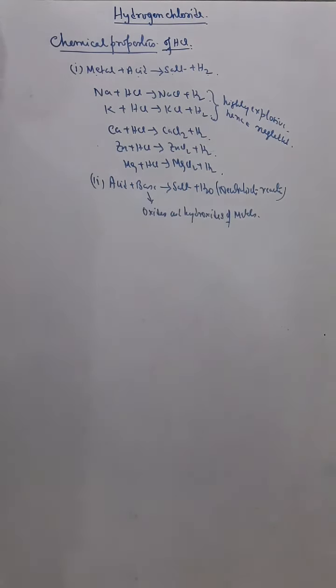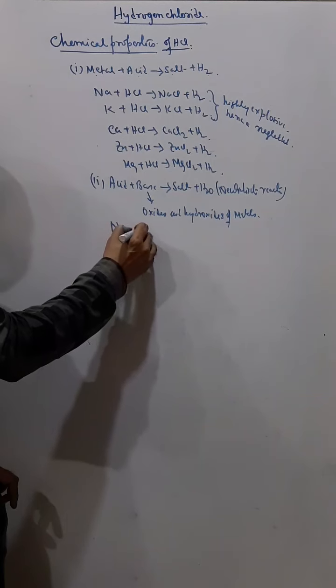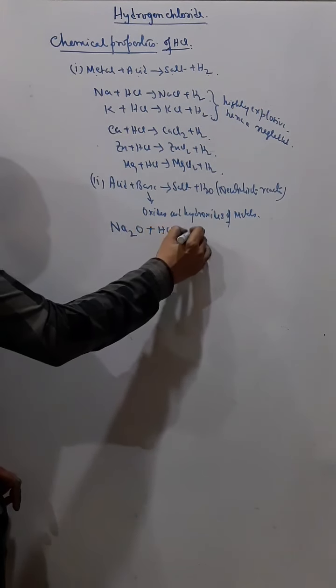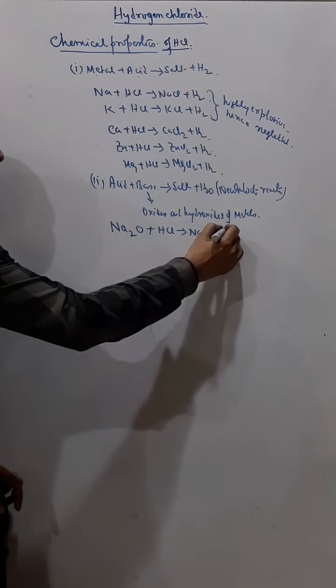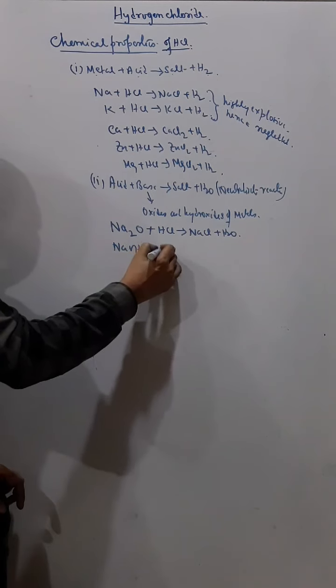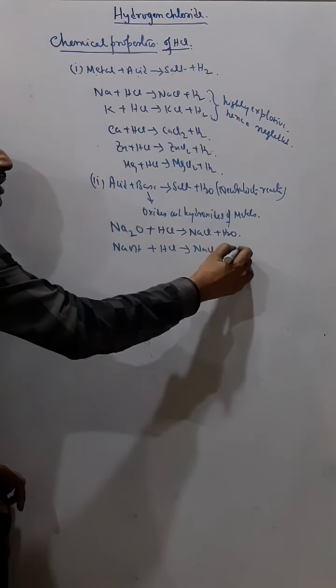So acid plus base gives salt and water. Metallic oxides and metallic hydroxides are bases. So Na2O, this is a base, reacts with acid to give NaCl plus H2O. NaOH, this is also a base, reacts with acid to give salt and water.